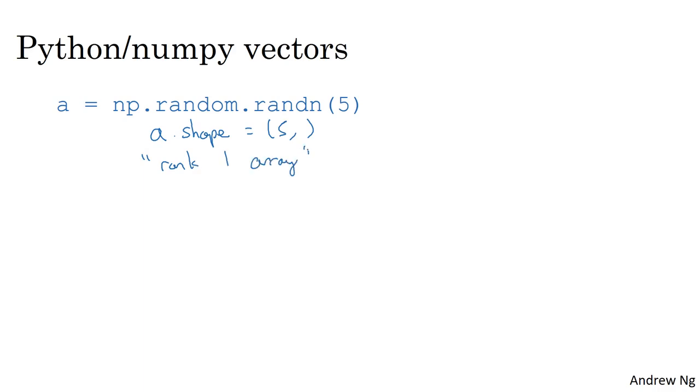It doesn't behave consistently as either a row vector or a column vector, which makes some of its effects non-intuitive. So what I'm going to recommend is that when you're doing your programming exercises, or in fact when you're implementing logistic regression or neural networks, you just do not use these rank 1 arrays.